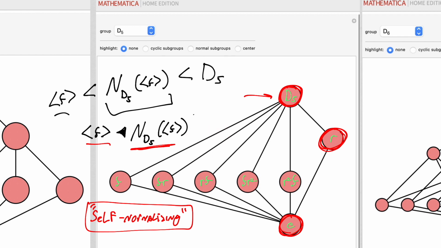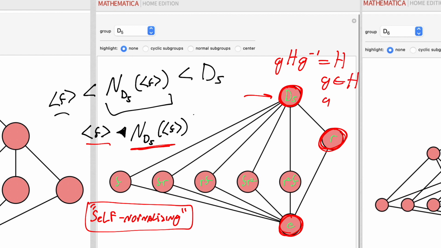But notice, if you did decide that F was its own normalizer in this circumstance, which is fine, it is true, no matter what you do, it's always going to be true that gHg inverse equals H when g is an element of H, right?